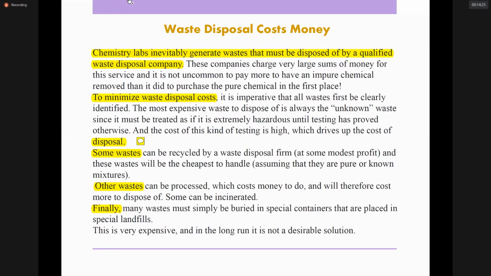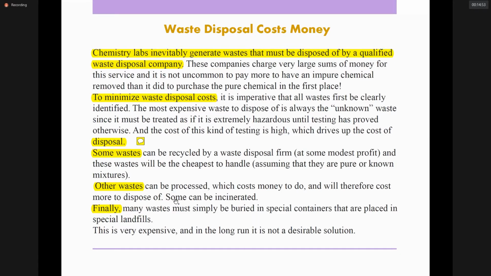Yes, sorry for the interruption. We're back again to why waste is difficult to handle. Again, because some waste can be processed at a cost of money, you will pay a large amount of money just to dispose of non-beneficial chemicals.